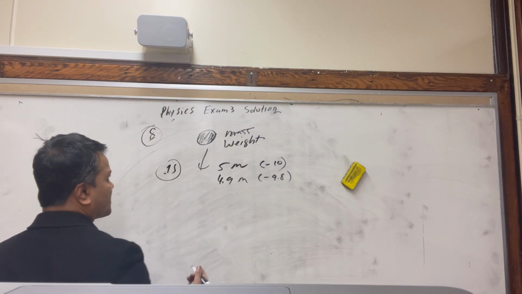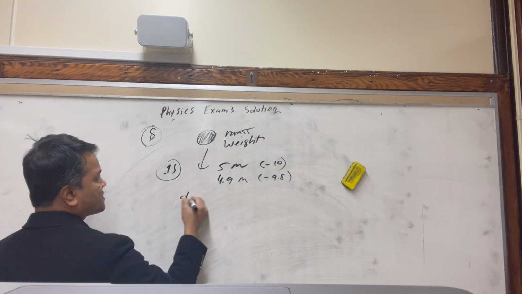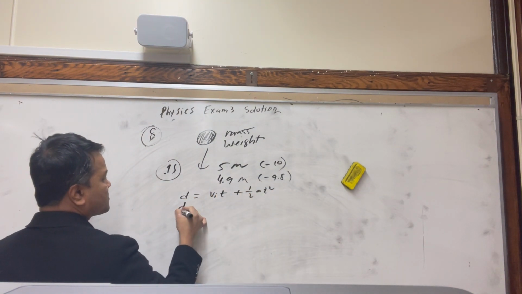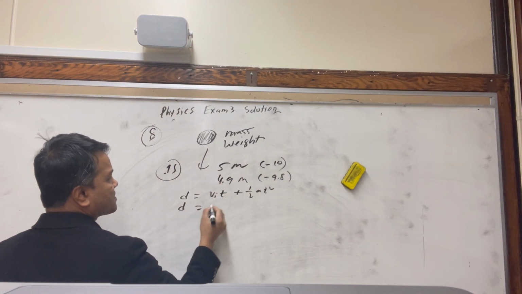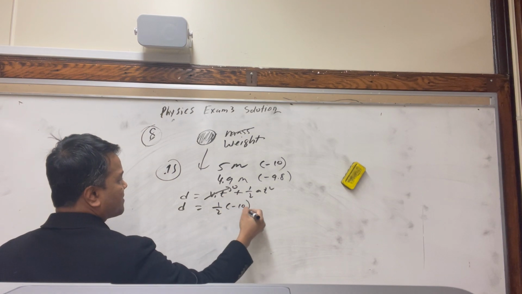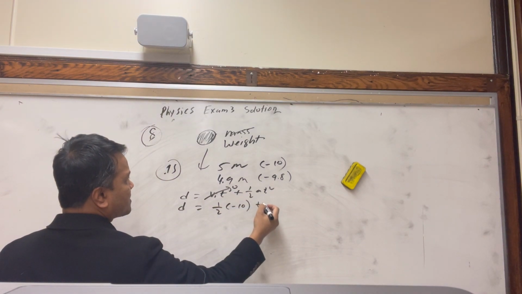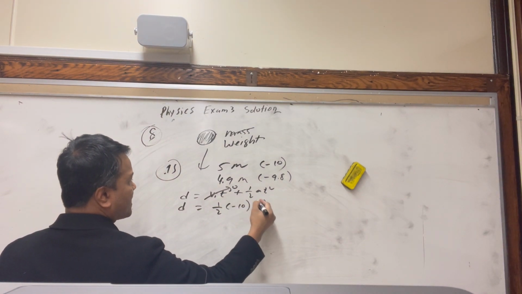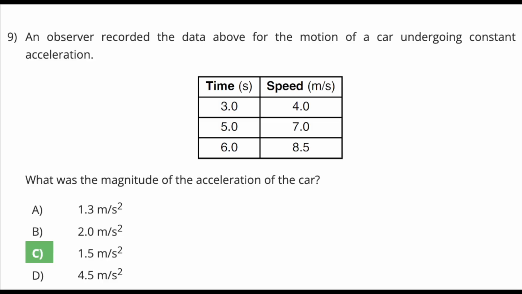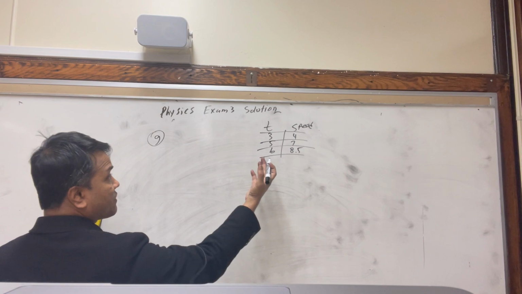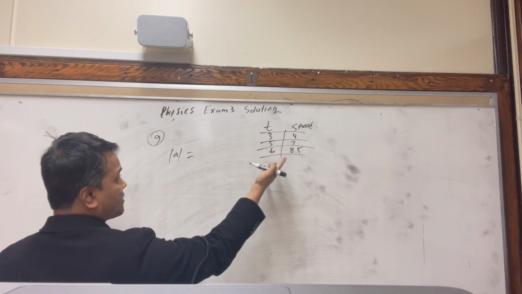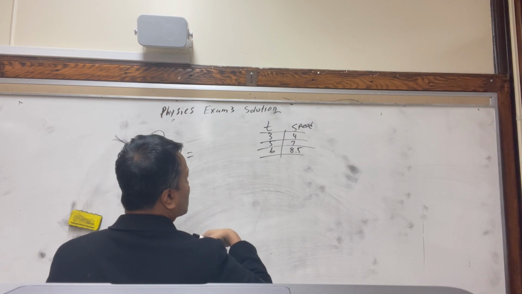How do you find it? So d is equal to Vit plus half at squared, and d is what you try to find. Vit is 0 because you're dropping it, half of negative 10, and t squared is 1 squared, which is 1, so d is equal to negative 5.